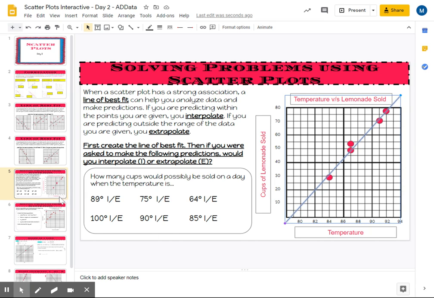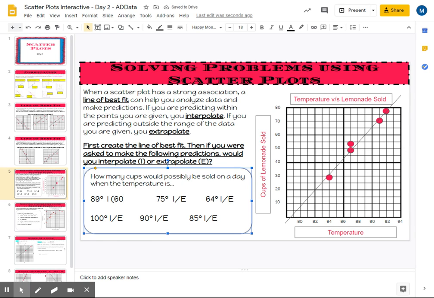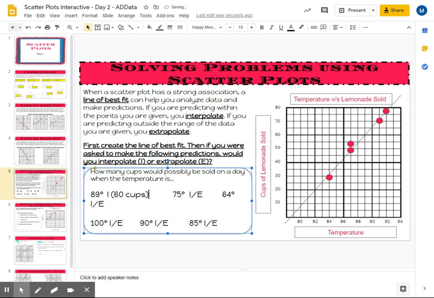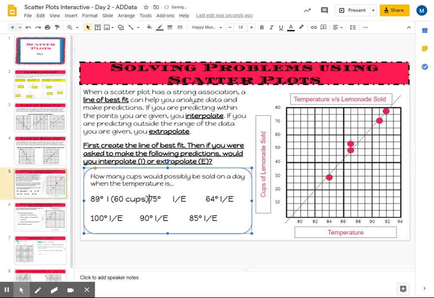At any rate, we can just by looking at the chart get an answer for that. When we just look on our line, that is us interpolating. We could just read that off the chart, 60 cups. Although I don't know if I want to do that because it's going to mess up the chart. So let's not do that. We won't actually give the answer for it, but we could if we wanted to.